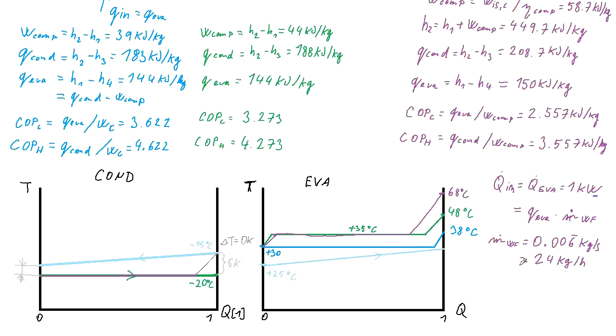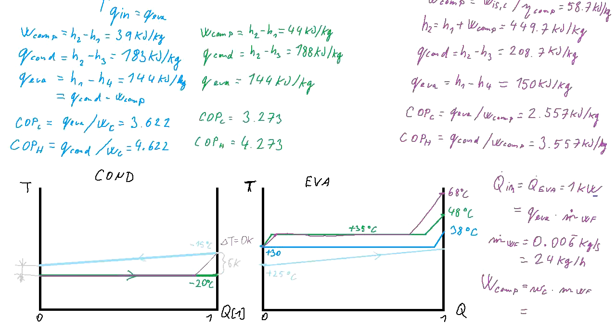And now what is the work input of the compressor? So the work of the compressor is the unit work multiplied by the mass flow rate of the working fluid.